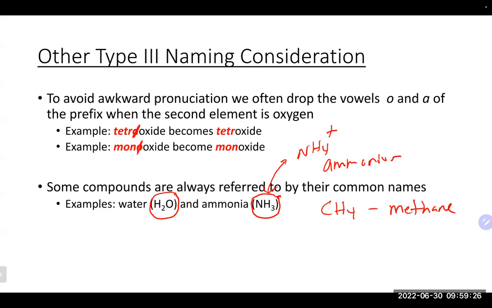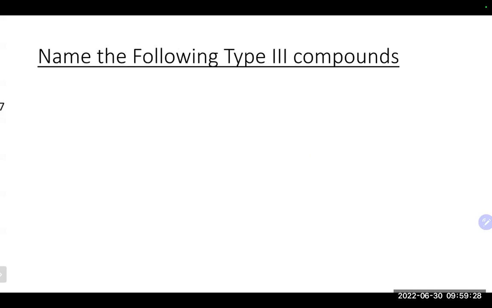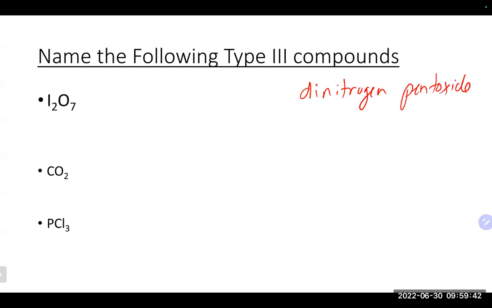All right, so let's take a look at some here. For each of those, give the name, and let me give you some names, and you can do some formulas. Let's do dinitrogen pentoxide. Let's do carbon tetrachloride.